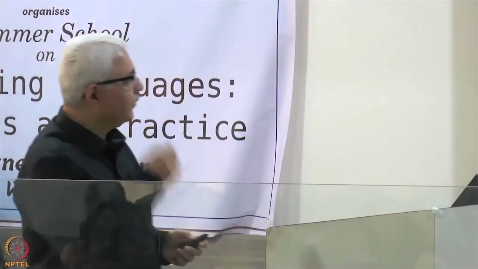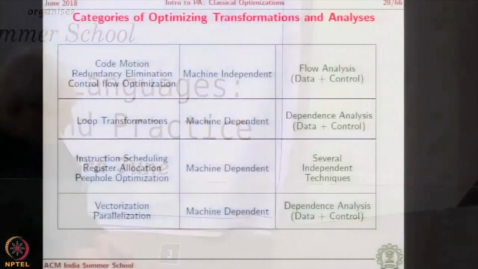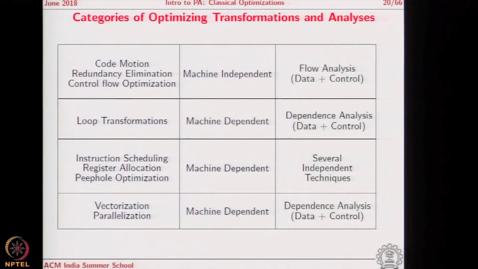Okay. So, now there are lots of categories of analyses and optimizations. Some of them are machine dependent, some are independent. For example, instruction scheduling, register allocation, peephole optimizations, vectorization, all these are machine dependent.